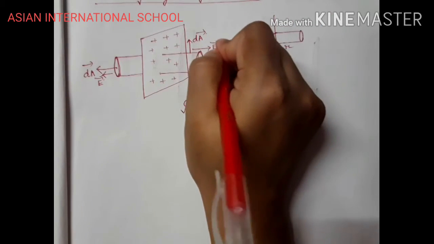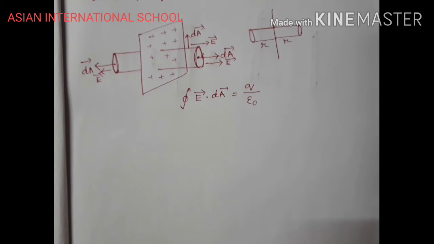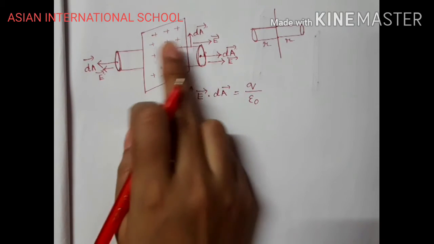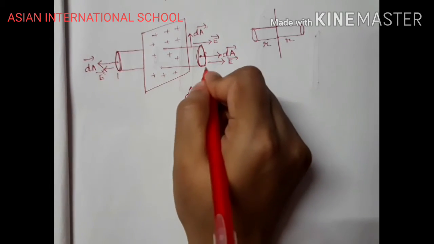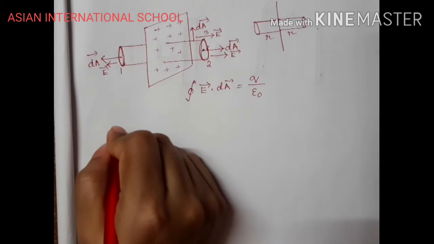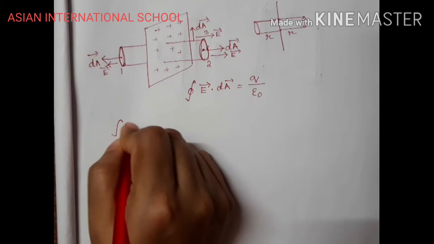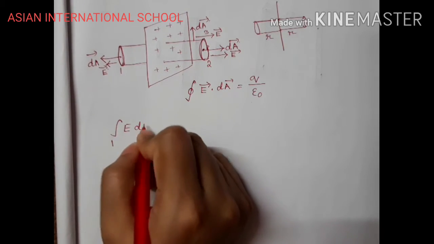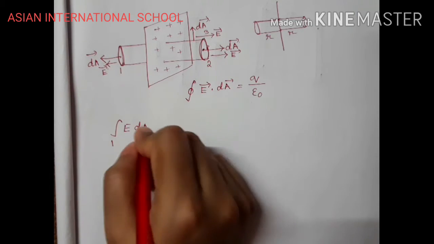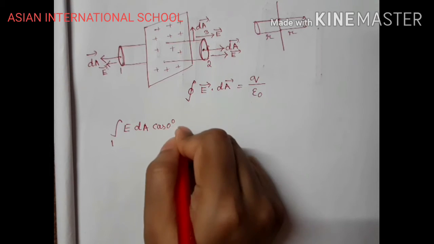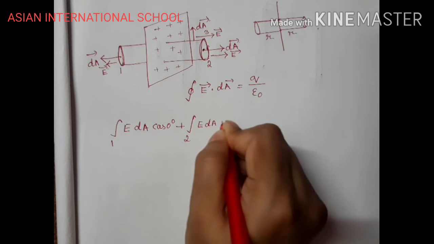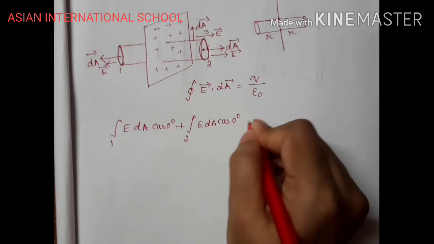Okay, so here again I will be getting three portions. I will be getting these two flat portions and a curved portion. So let us mark them as 1, 2 and 3. So I can write E dA for portion 1, you see both E and dA are along the same direction, cos 0 degree. Then for portion 2, E dA cos 0 degree.